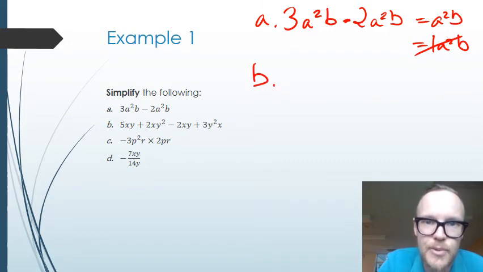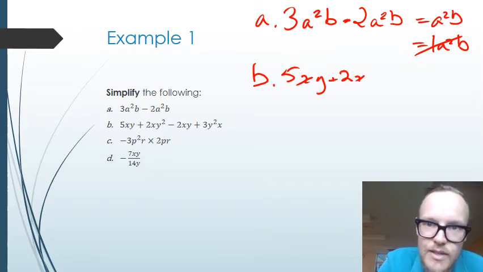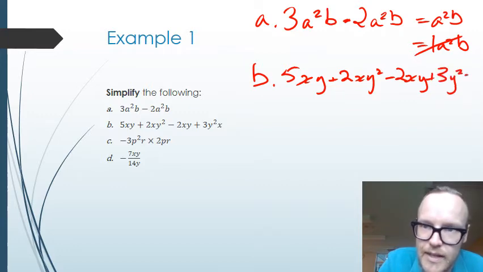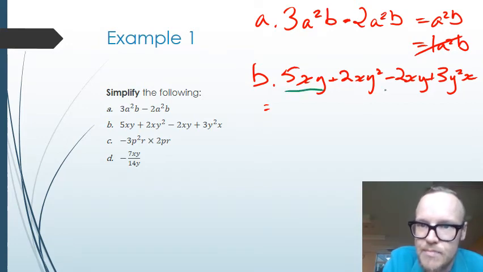So for our second example, if we write it down, 5xy plus 2xy squared minus 2xy plus 3y squared x. So if we're looking here at our like terms, the like terms we've got are xy here and minus 2xy, and we've got plus 2xy squared and plus 3y squared x.